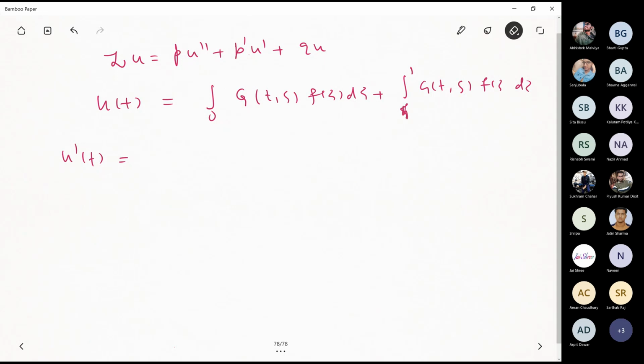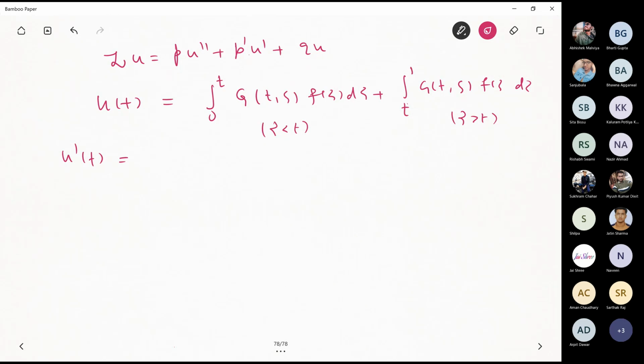There is a typo in the notes also: it is 0 to t and t to 1. In the first integral we have xi less than t, and in the second integral xi greater than t.